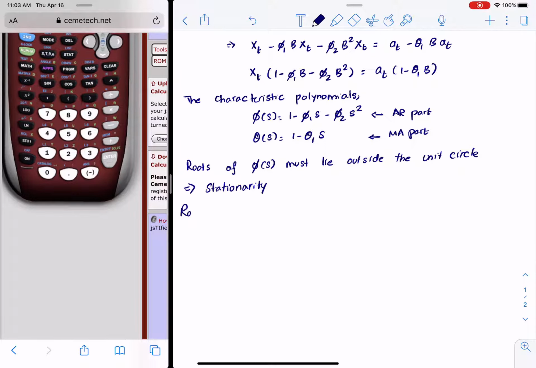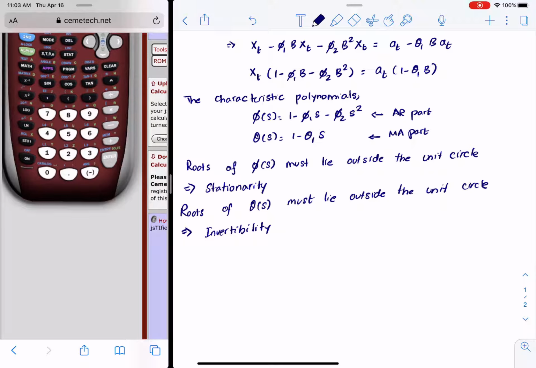And the roots of theta(s) must lie outside the unit circle, which would guarantee invertibility.